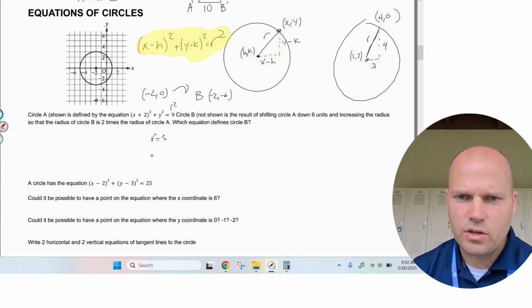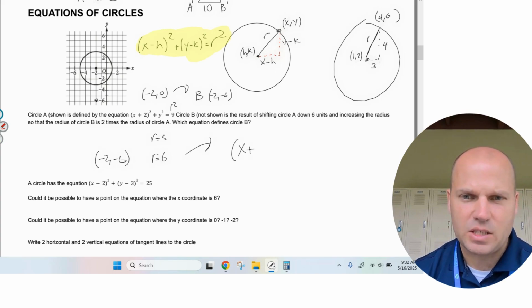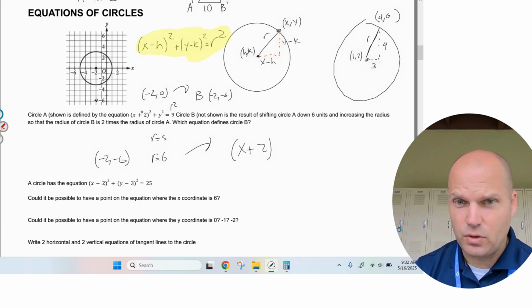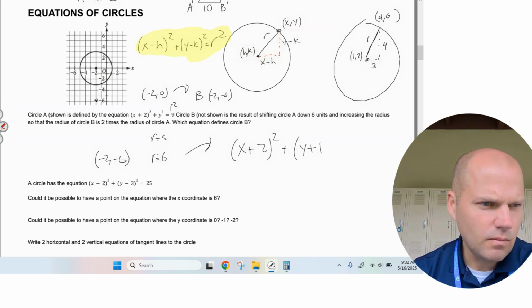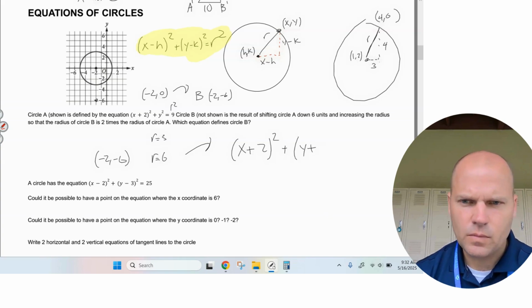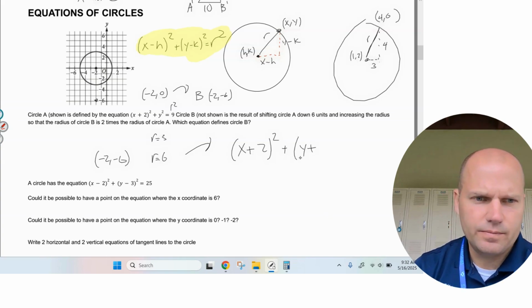My new r is going to be 6, and the center is going to be at -2, -6, which creates this equation: x plus 2, you see the plus 2, squared, plus y plus 6 squared equals 6 squared.